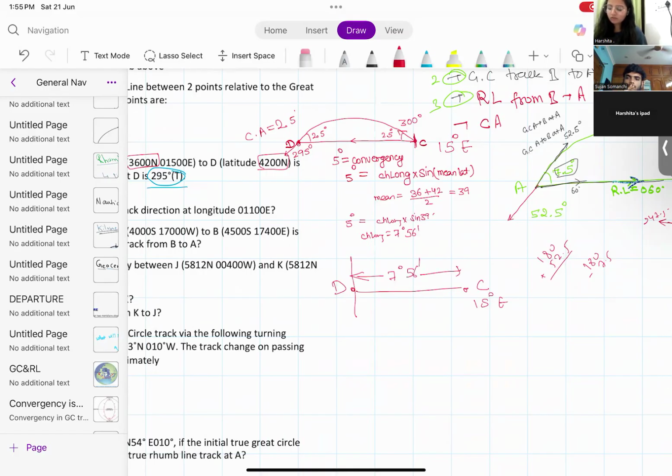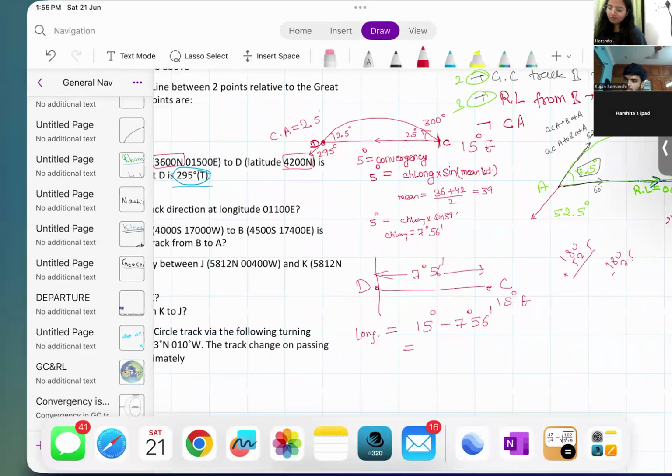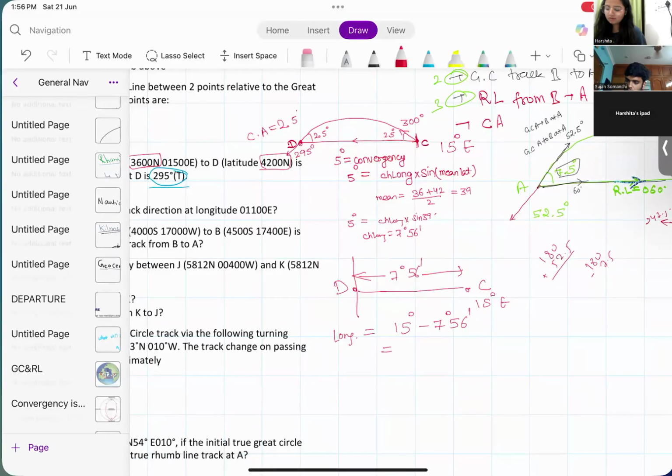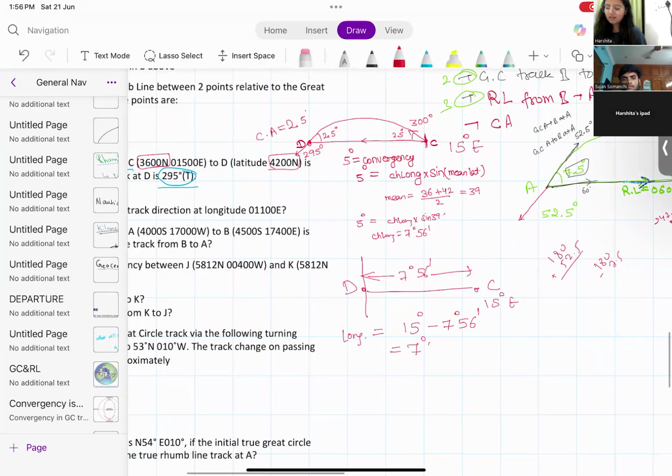So what will be the coordinates of this point? 15 degrees minus 7 degrees 56 minutes equals 7 degrees and 4 minutes. And we are still on the east side.